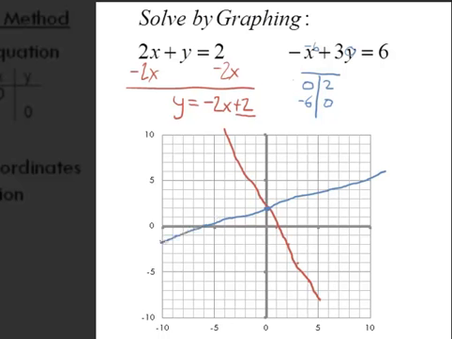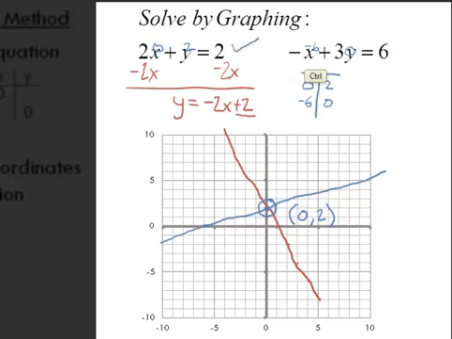or as straight as I can draw on this computer, you can see that those 2 lines appear to intersect at the point 0, 2. That suggests that might be the answer. To know for sure, I'll take a 0 and plug it in for x up here, and a 2 and plug it in for y. 2 times 0 is 0, plus 2 does in fact equal 2, so far so good.